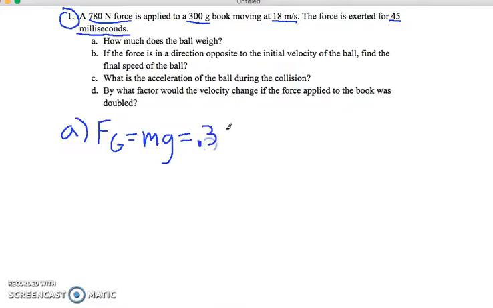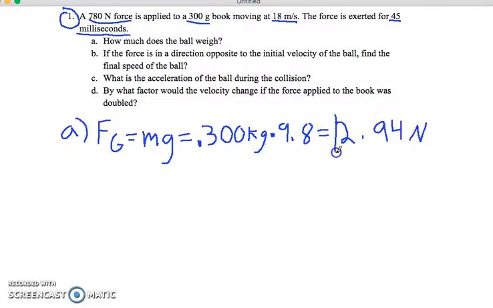So 300 grams is going to be 0.300 kilograms times the acceleration due to gravity on Earth. We'd assume this is on Earth. That would be 9.8 meters per second squared. And then that's going to equal 2.94 newtons. So that's the weight. Again, it's really just one equation, the force of gravity equation.